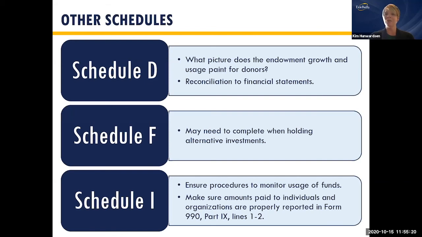Sometimes we'll see that that section is blank, and that really is a place for you to describe best practices. For example, we ensure that when we make a grant, maybe it's a scholarship to an individual, the scholarship is paid to the school. We ensure that the individual actually completes the courses, that we have processes in place.